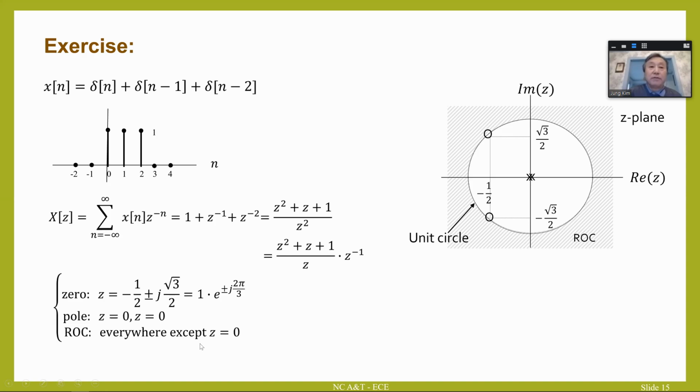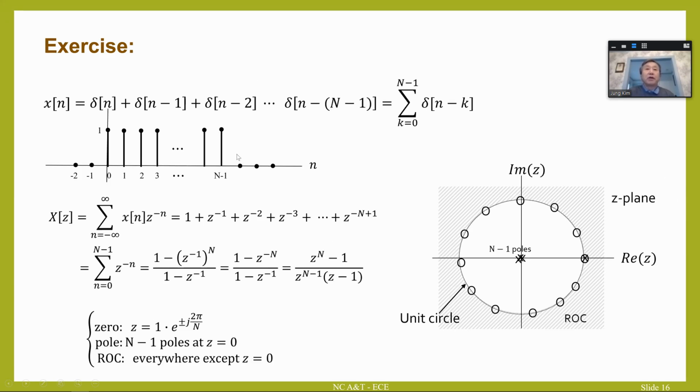The region of convergence is everywhere because it is finite, except G equals 0. At G equals 0 we have a pole, and a pole should not be included in the region of convergence.